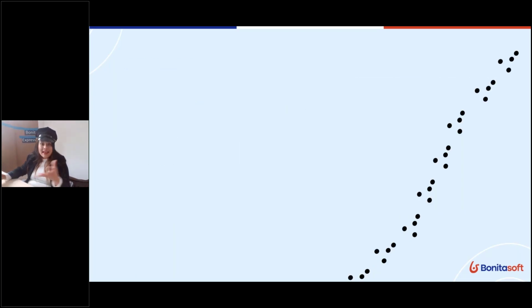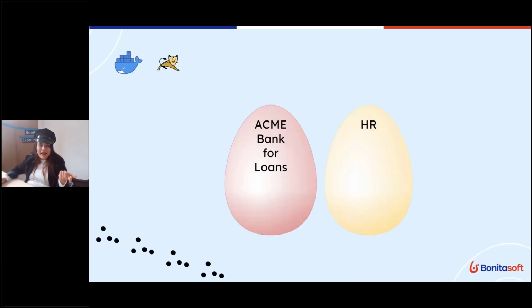But remember, we were following a gray rabbit, right? So let's keep following him. Let me now represent our two applications instead of as boxes, as small boxes this way. Why? Because we are not only able to work with Docker, we can also work with Tomcat, for example, so I think it's important to make this difference.